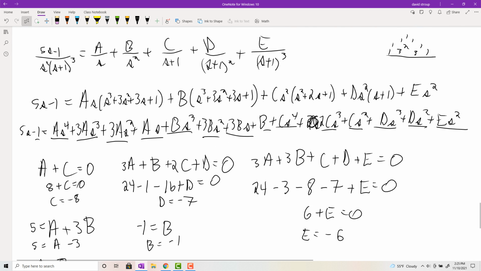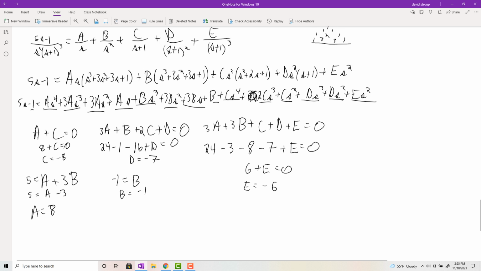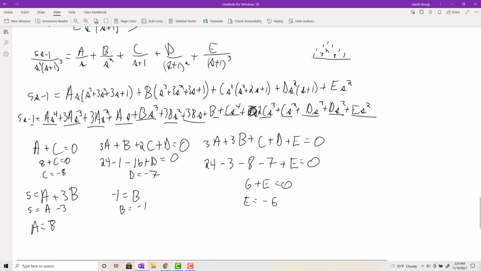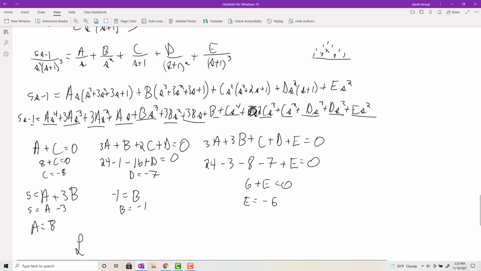Okay, so let me rewrite this monster. So I have where I need the Laplace, was it an inverse Laplace? Of course, because we're in terms of s.